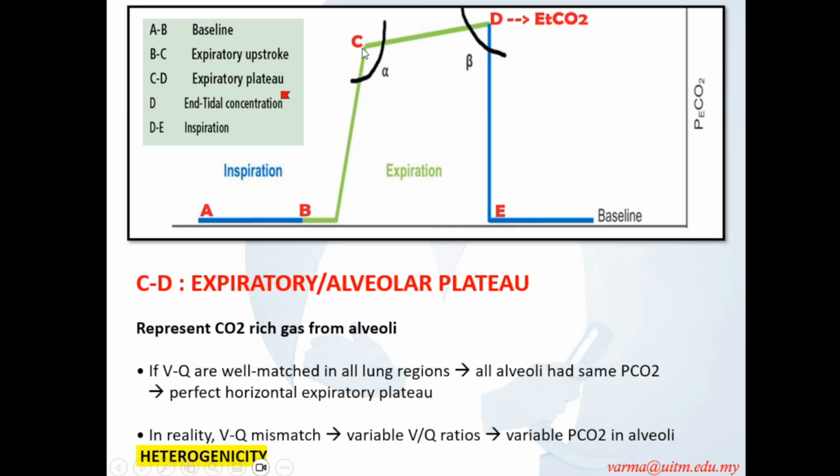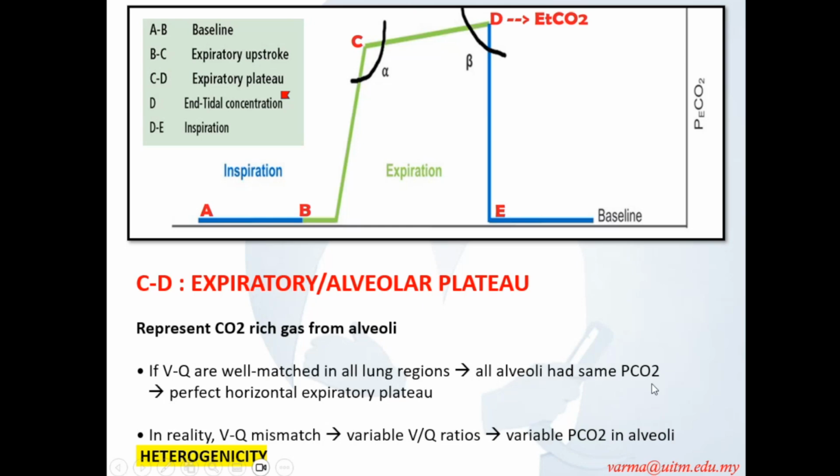So why is it not a straight line? We call it a plateau, but is it a proper plateau? Is it a straight line? No. Ideally, if all the ventilation perfusion are well matched in all lung regions, the VQ, ventilation versus perfusion, is 100% ideal in all lung regions, then all the alveoli will have the same PCO2.